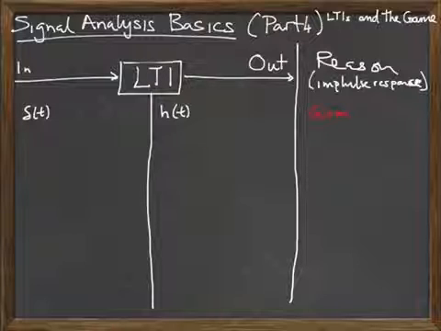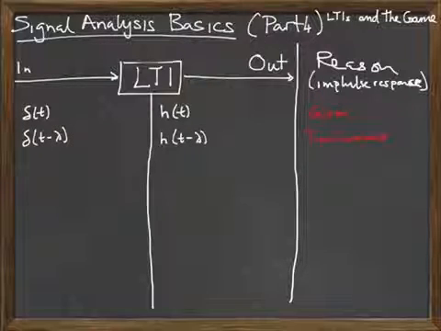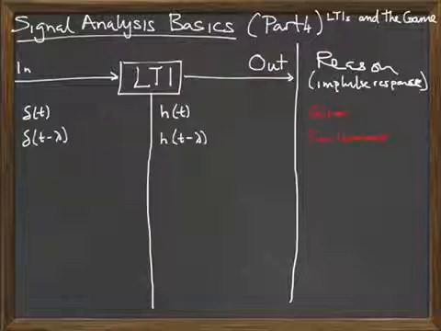So now what if we add some more to that input? Right now we're given an impulse function, but what if we delay the impulse function by a certain amount of time? Well, then the output, the impulse response, will also be delayed by a certain amount of time. And this is what time invariance means.